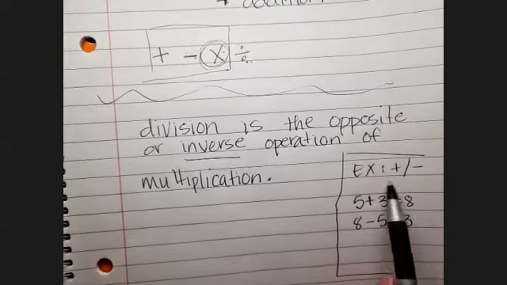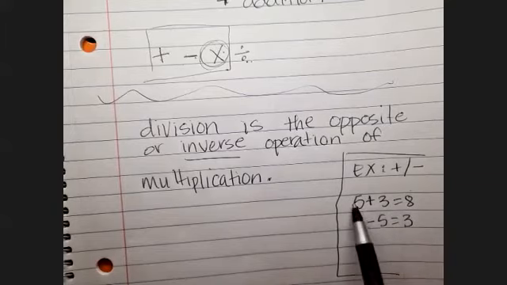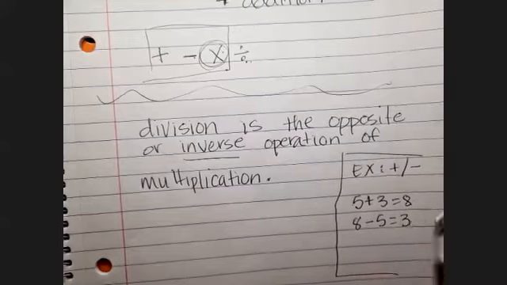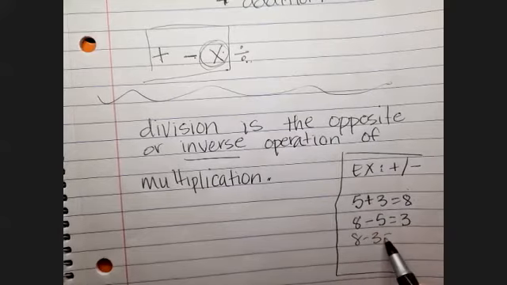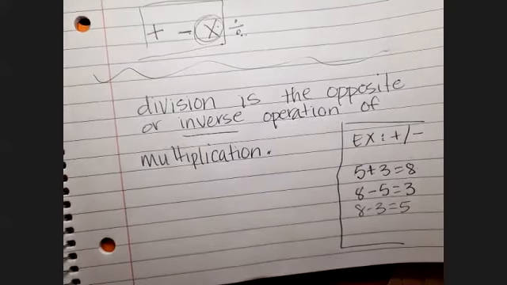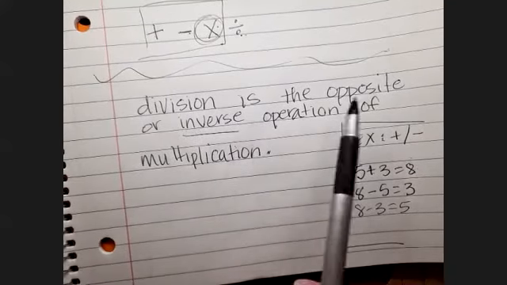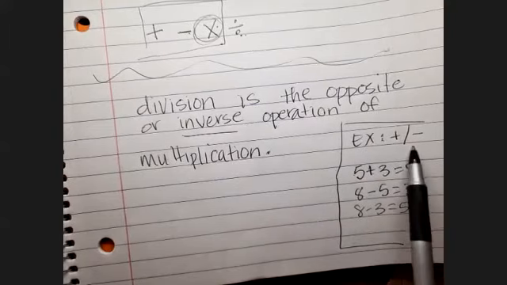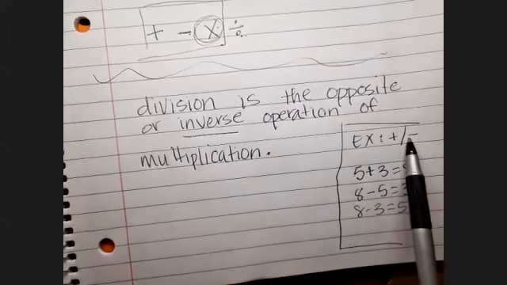So these are basically fact families. So I could say 5 plus 3 is 8, 3 plus 5 is 8, 8 take away 5 is 3, or I could say 8 take away 3 equals 5. So they're kind of like fact families. So when I'm talking about division, the opposite or inverse operation of multiplication, it kind of works the same way that addition and subtraction work together.